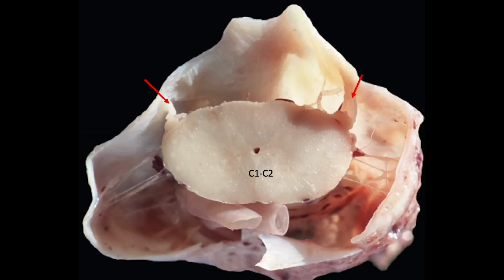Now comes a very interesting aspect. You have noticed that there were no attachments between the dura mater and the spinal cord, with the exception of two loose connections at C1, C2 spinal levels inside the atlas.